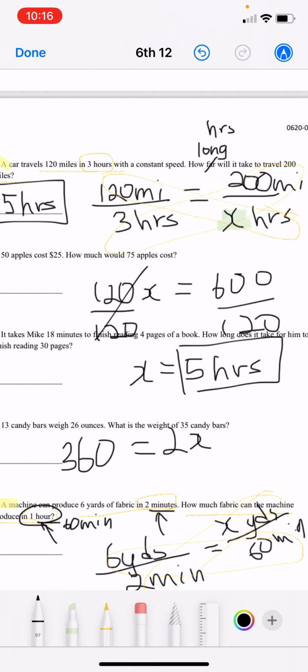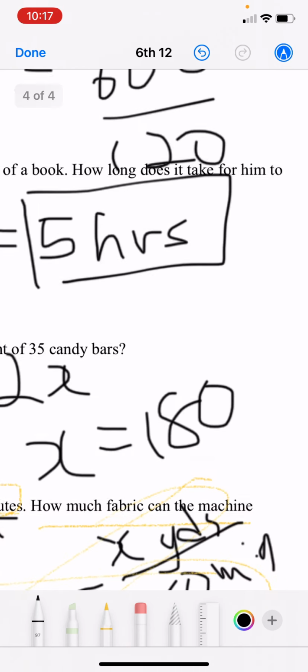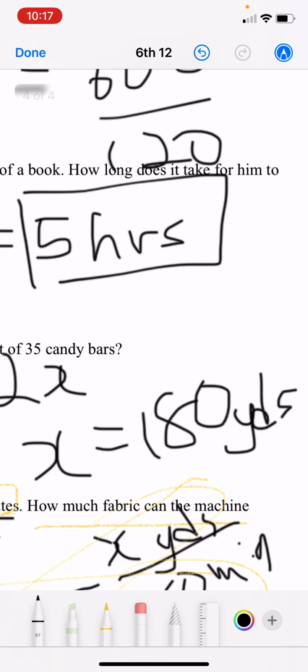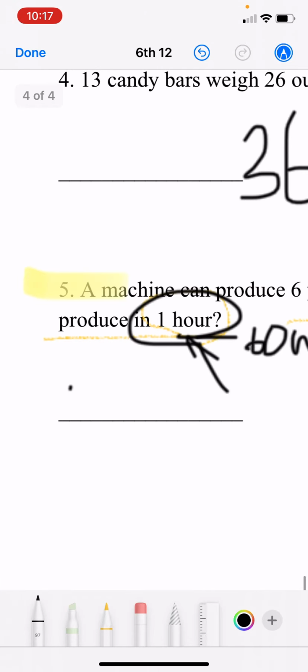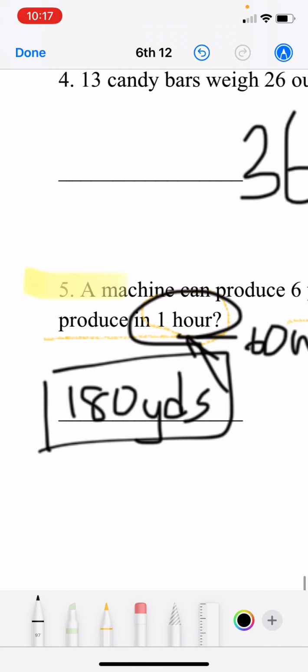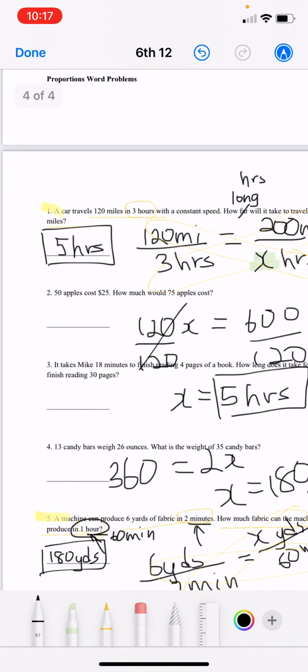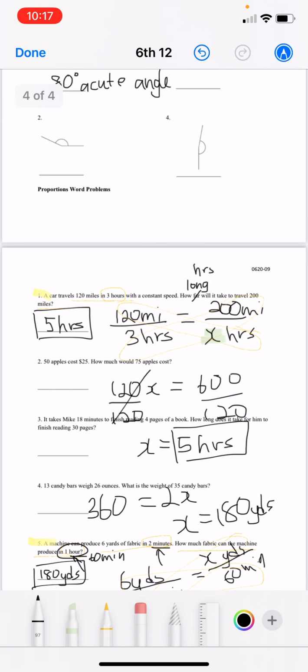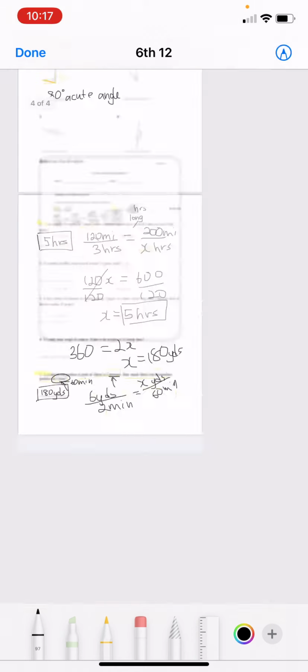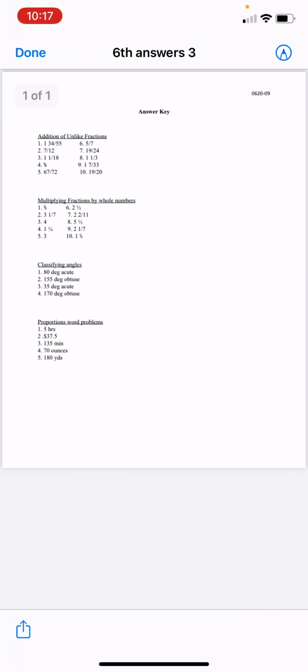Isolate x, divide both sides by 2, so x equals 180 yards. That means we're producing 180 yards of fabric in 1 hour. Hopefully that wasn't too hard or too confusing. And here are your answers.